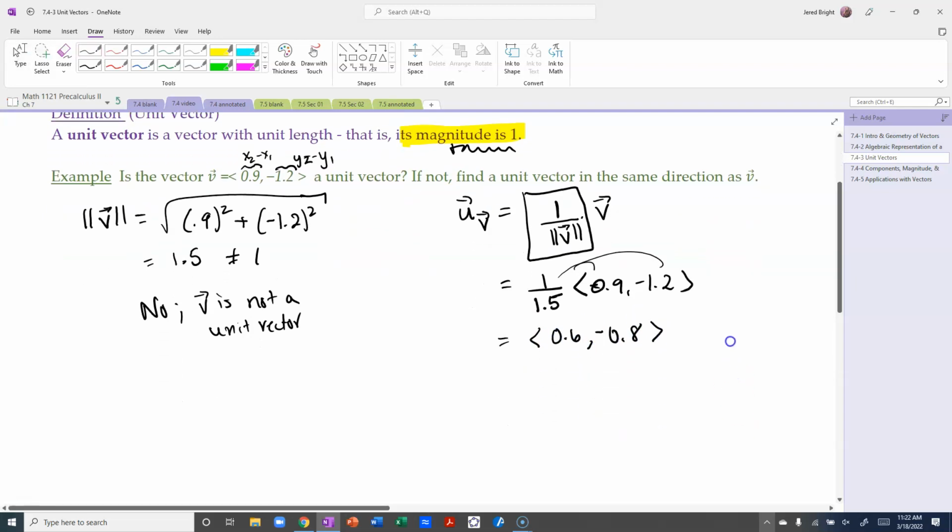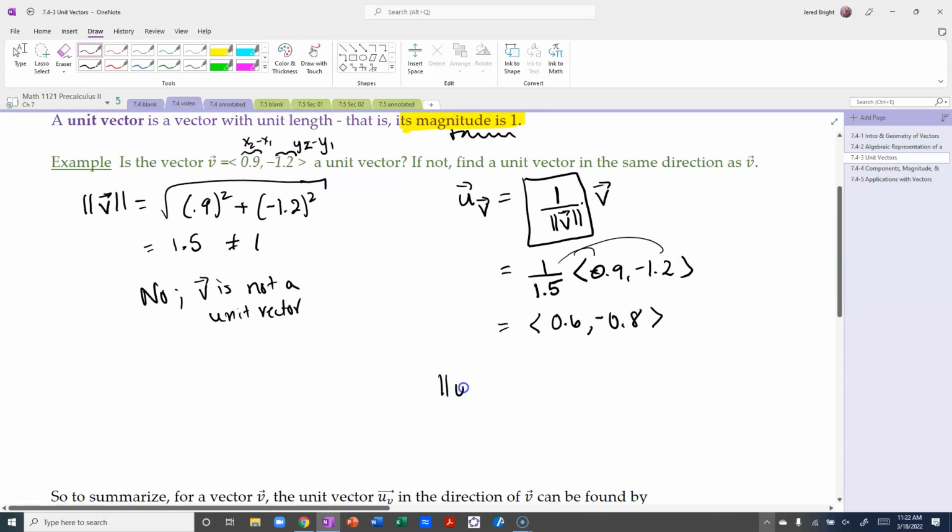Just to confirm that this is indeed a unit vector, I do the distance formula: square root of 0.6 squared plus negative 0.8 squared. I punch this into my calculator, and I do get 1. So this does work.